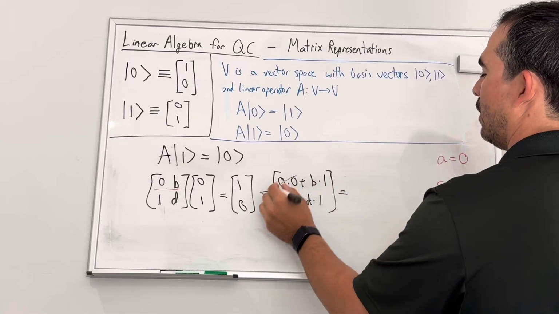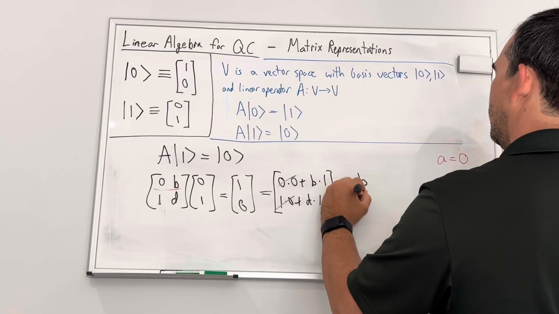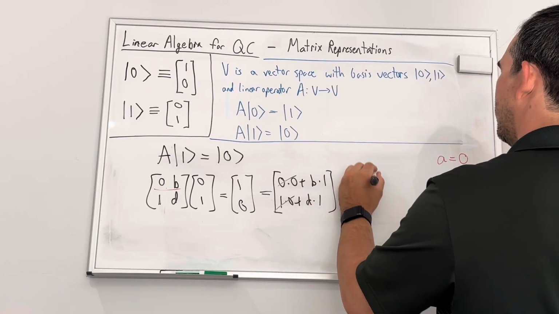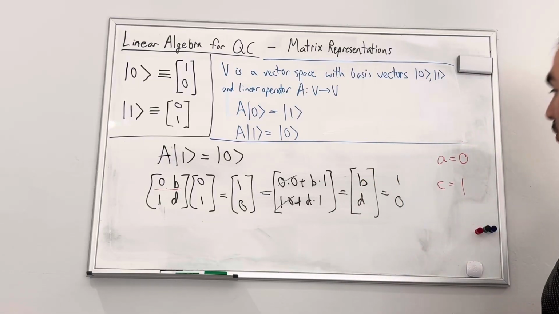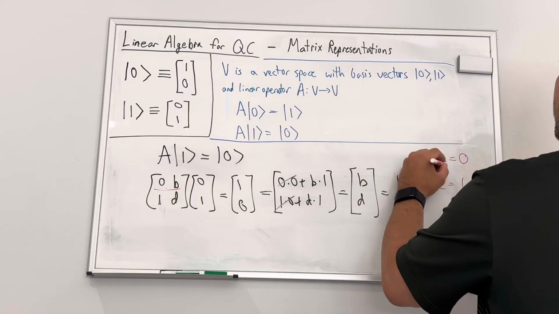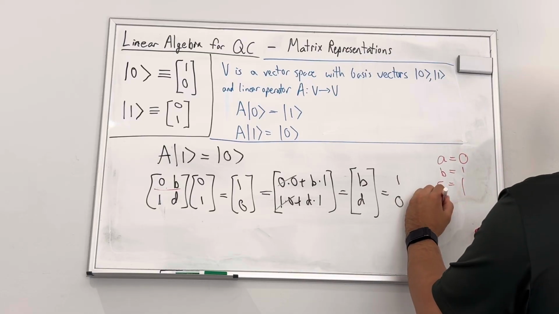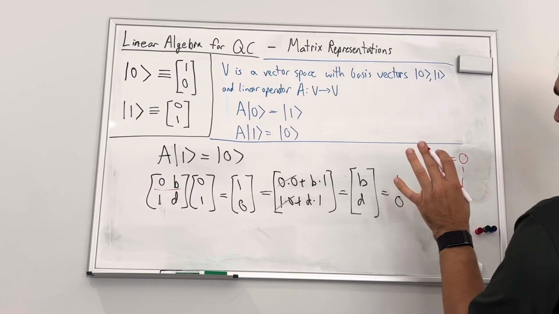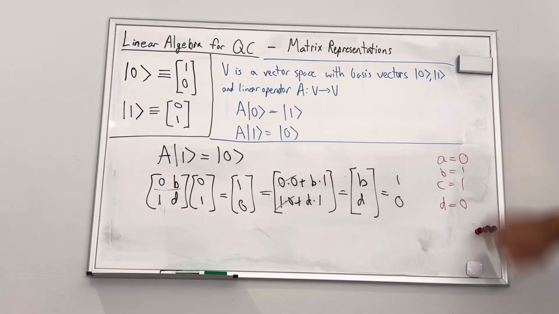And simplifying, we get b, d, this vector equals 1, 0. Well, hey, that's great. That tells me that component b equals 1 and component d equals 0. Okay, great.